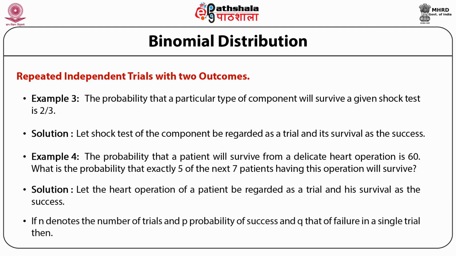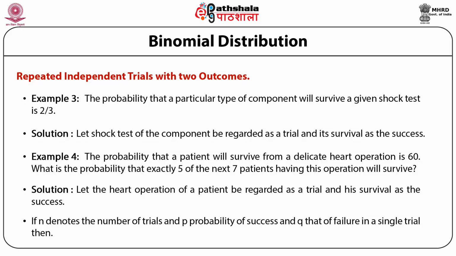If n denotes the number of trials, P the probability of success, and Q that of the failure in a single trial, then n is equal to 7 as given. P probability is 0.9, that is 90%, and Q is equal to 1 minus P, that is 10%.